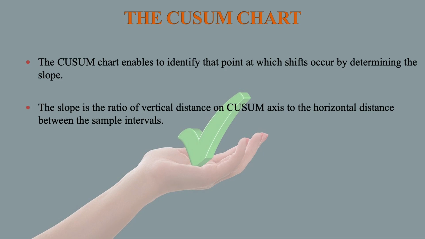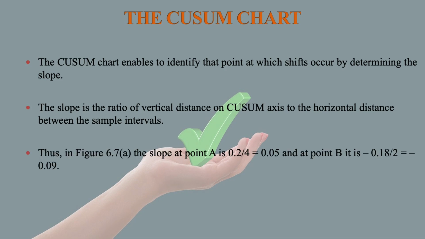The slope is the ratio of vertical distance on Q-sum axis to the horizontal distance between the sample intervals. Thus, in figure 6.7a, the slope at point A is 0.2 divided by 4, that is equal to 0.05, and at point B it is minus 0.18 by 2 equal to minus 0.09.